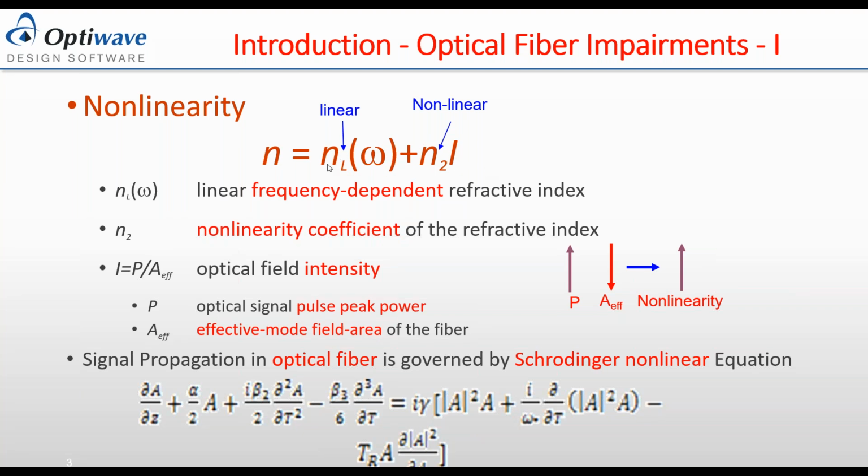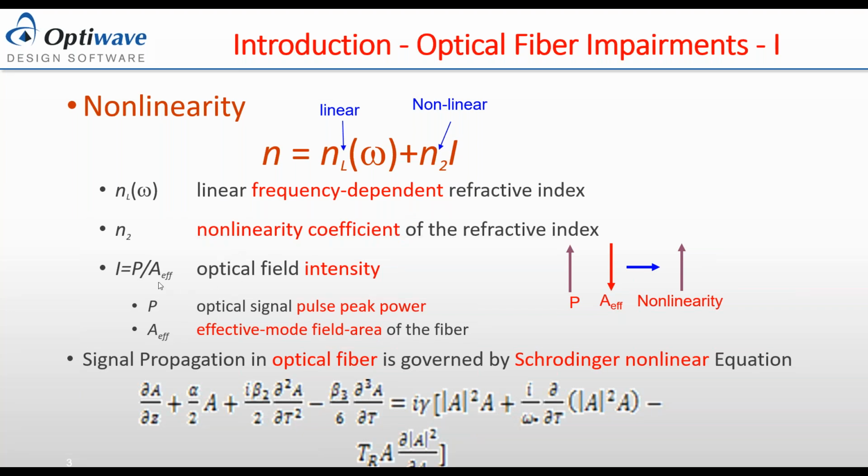The linear part is frequency dependent and causes dispersion, mainly in single mode fibers. And the nonlinear part is composed of 2 terms: one is n2, which is the nonlinear coefficient, and the other is I, which is intensity.